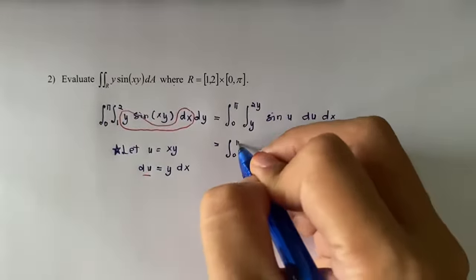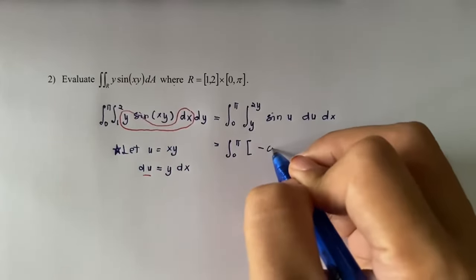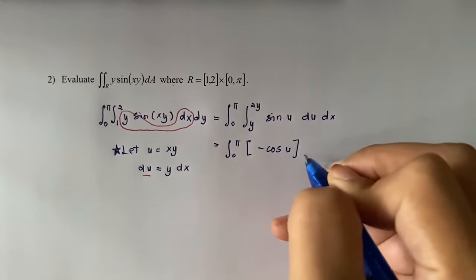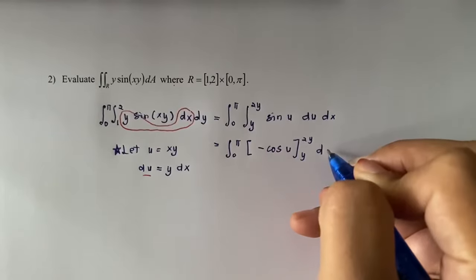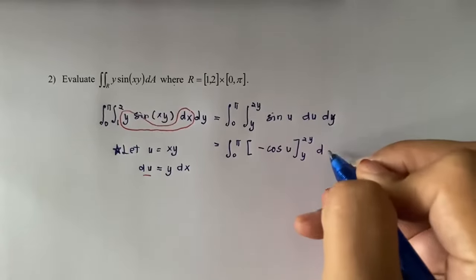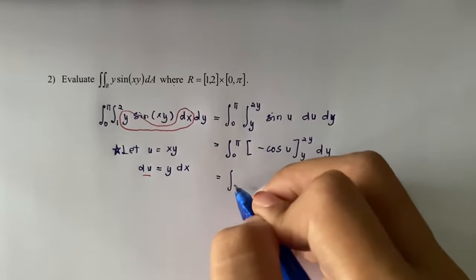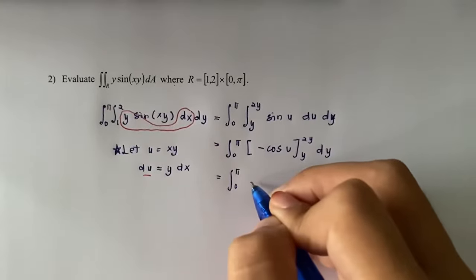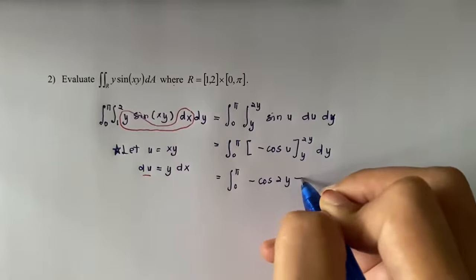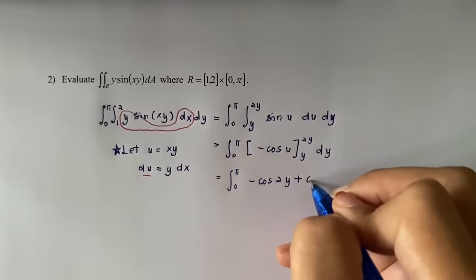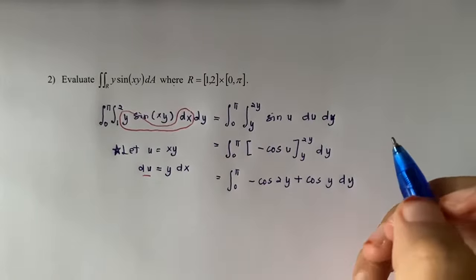So from 0 to pi, integrate sin u, and we have negative cos u, with the limit y to 2y, and this is dy. Substitute the value of u, so you have negative cos 2y plus cos y dy.